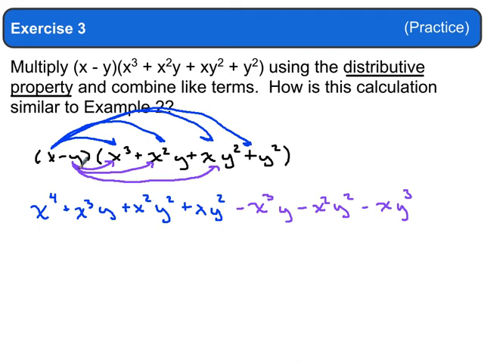And if we go one more time, we come all the way out to here, and that'll become negative y to the third. We'll double check, make sure everything looks good.